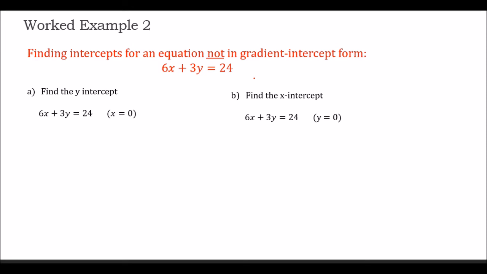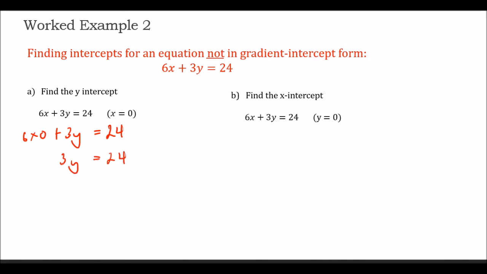Find intercepts for an equation not in gradient-intercept form. We'll do the same thing as before. In this case, we change x to 0 to find the y-intercept. So it's 6 times 0 plus 3y equals 24. 6 times 0 equals 0, so you're left with 3y equals 24.